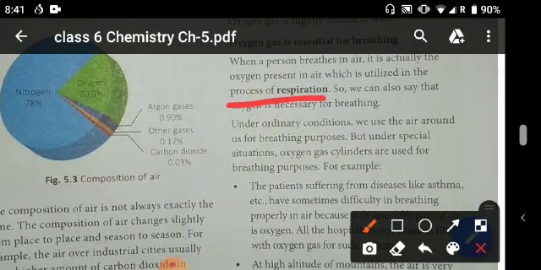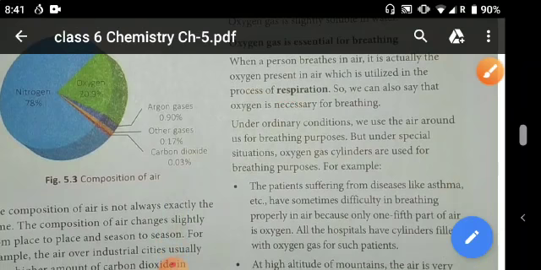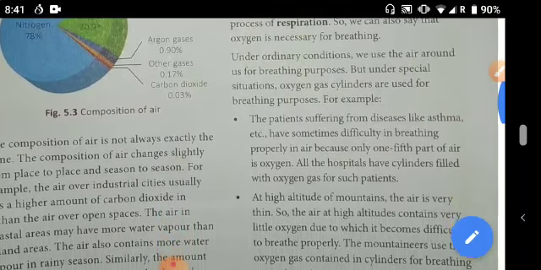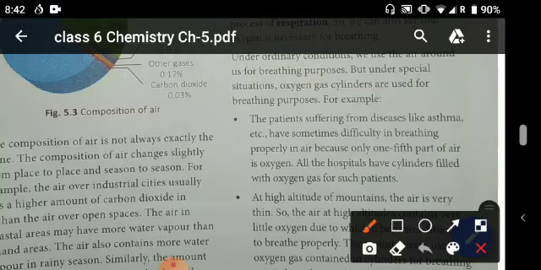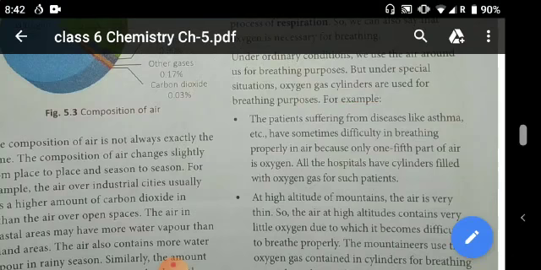In respiration, oxygen gas is used. So we can also say that oxygen is necessary for breathing. Under ordinary conditions, we use the air around us for breathing, but in special situations, oxygen gas cylinders are used for breathing.